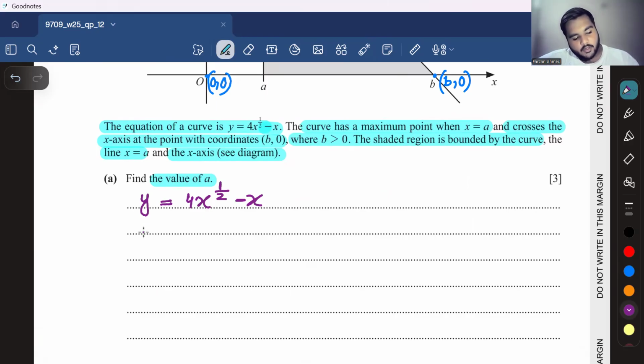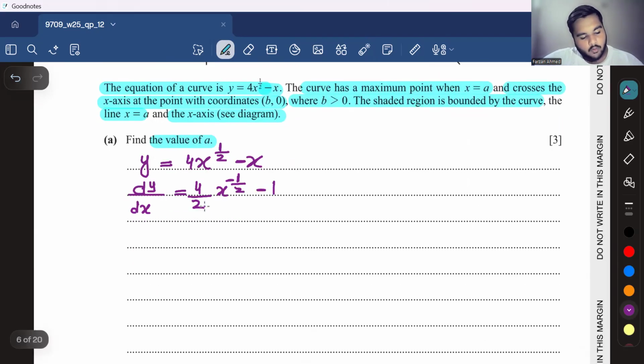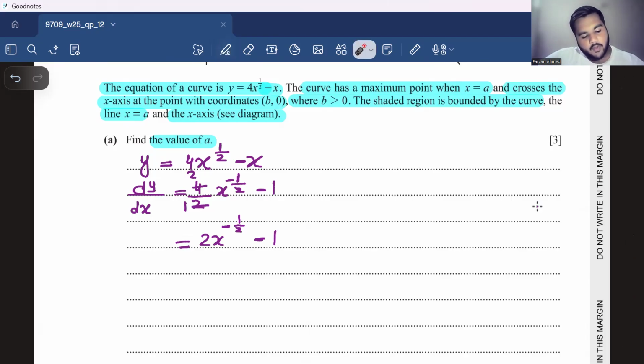So we are differentiating it. dy over dx is equal to 4 times 1 upon 2 times x to the power minus 1 upon 2, and minus 1. Now 2 ones are 2, 2 twos are 4, so this will be 2x to the power minus 1 upon 2 and minus 1. When we have a maximum point and stationary point, dy over dx will be 0.